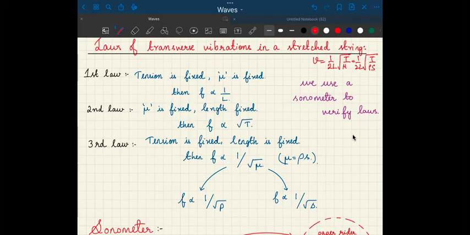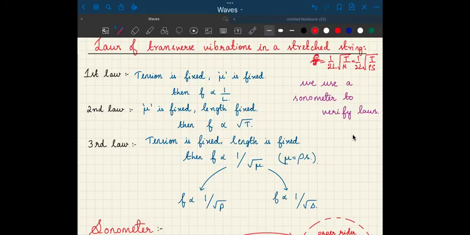What is the second law? Don't change the wire, but you increase the tension in the wire, and you fix the length also. Then F is proportional to root T, seen from the formula only. Next, now tension is fixed. Two options are there. You change the nature of the wire: copper, gold, silver, aluminum, brass, whatever it is.